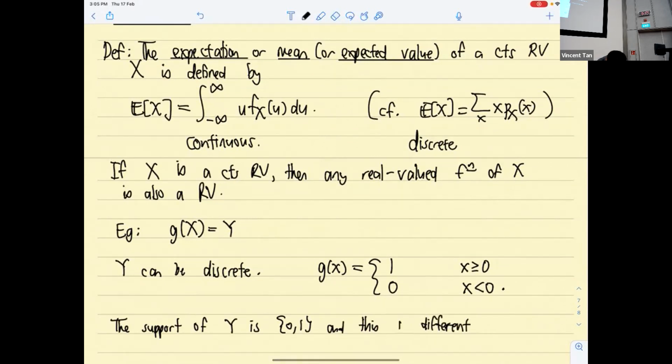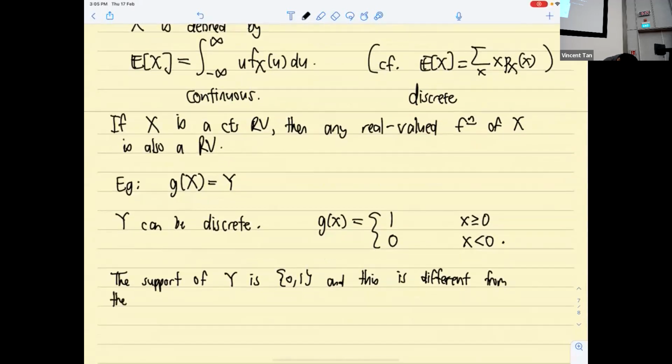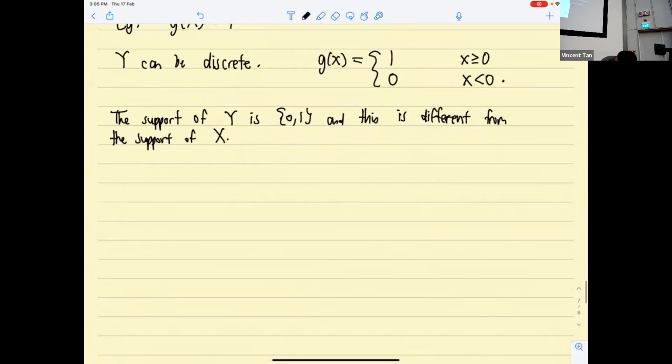This is different from the support of x. All right, so here is a pictorial example. Okay, let me see whether I can draw a nice picture or not. So our x PDF looks like this. Fx of x.